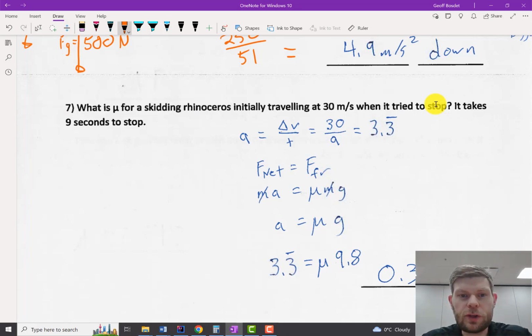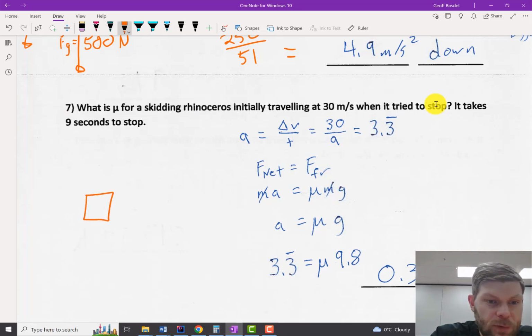So if we do a free body diagram for a skidding rhinoceros, here is what it looks like. And this applies to anything slowing to a stop. So like a hockey puck slowing to a stop, a car braking to a stop, anything like that. Your free body diagram always looks like this.